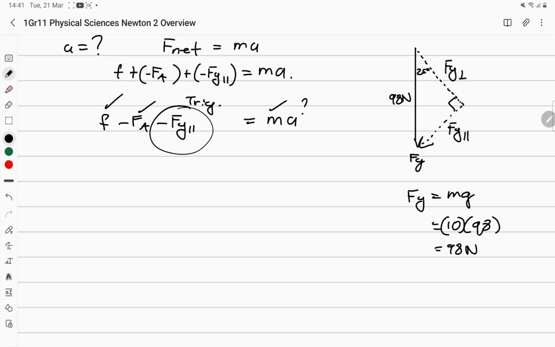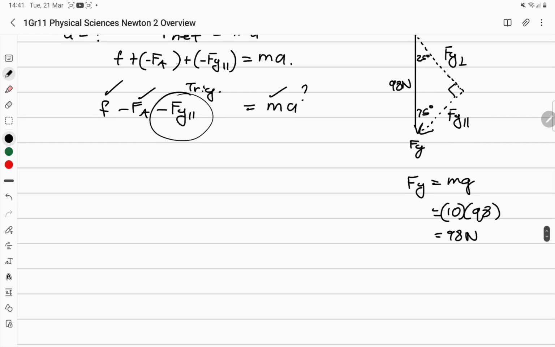If you somehow were crazy and you worked out the other one over here, and we're looking at that angle now, we can also say, if we say sine of 75, we're going to work with the opposite side, which is not good, so we can actually go cos 75 is FG parallel over hypotenuse. Okay, but let's just go with that sine 25.